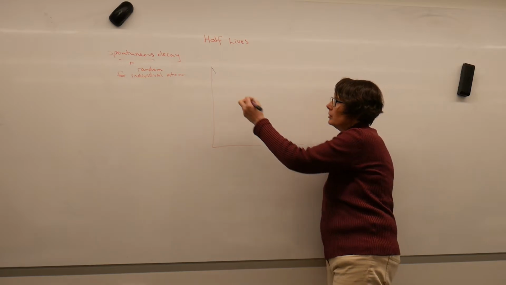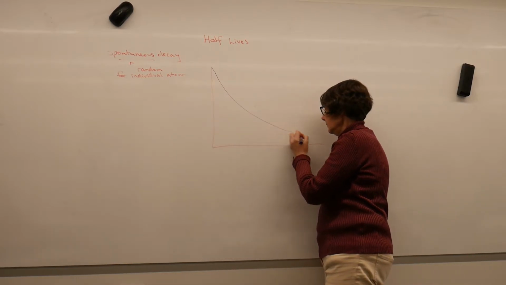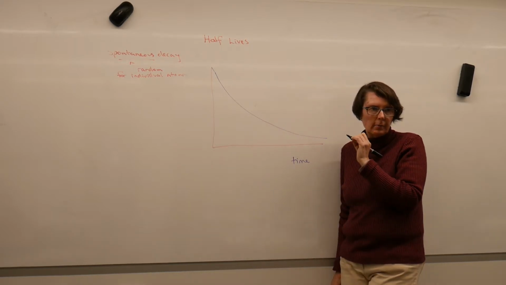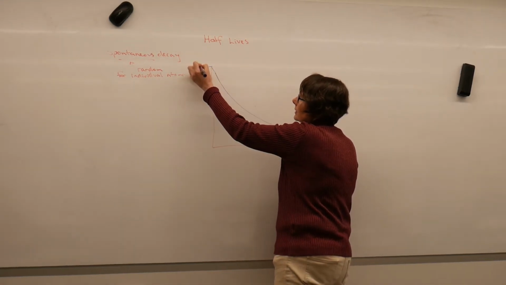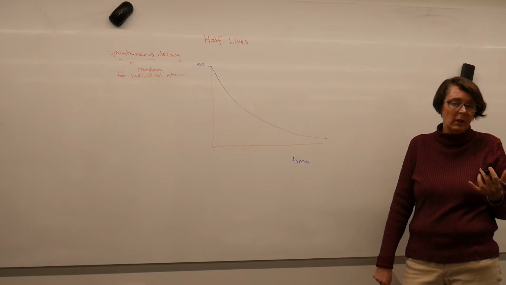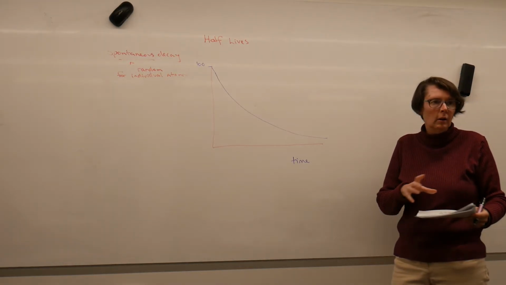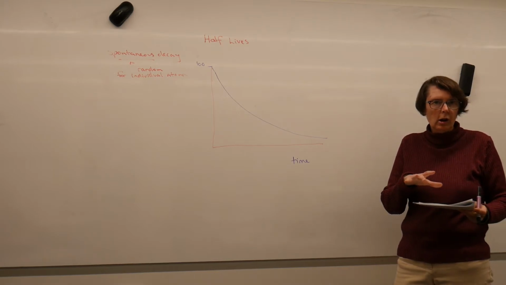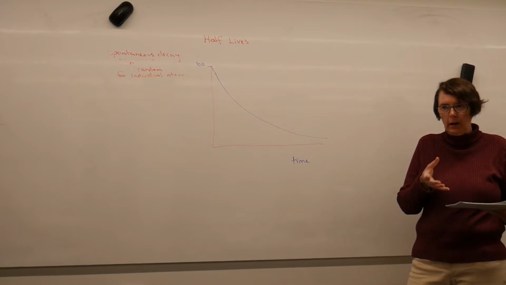If we look at the shape, it's the same shape for every isotope. If this is 100%, our starting amount is 100%. It could be a gram, it could be 10 grams, giving us a guidance in counts or emissions. It's just somehow or other what's happening.